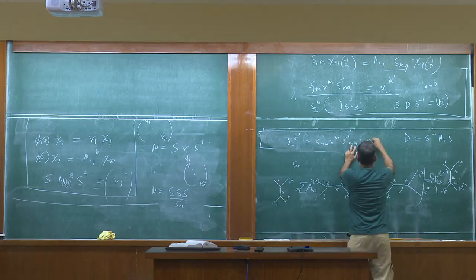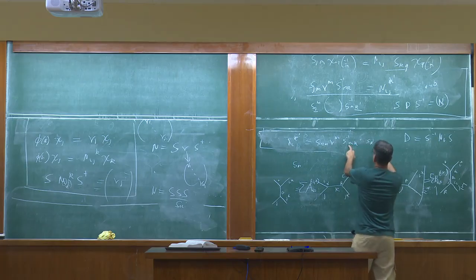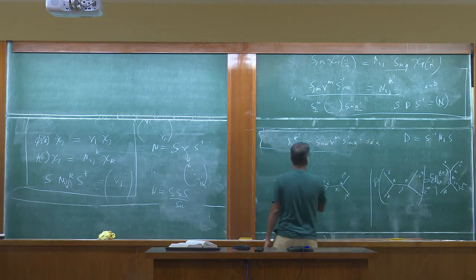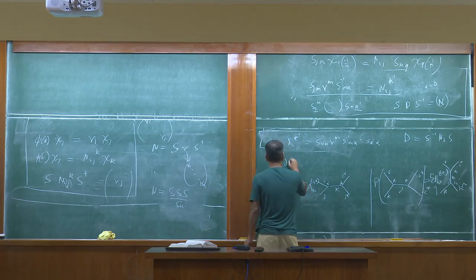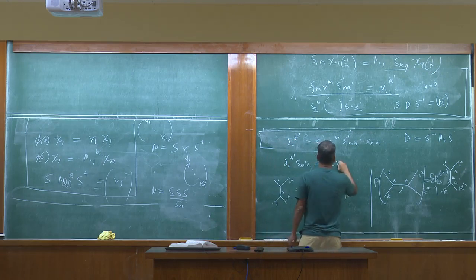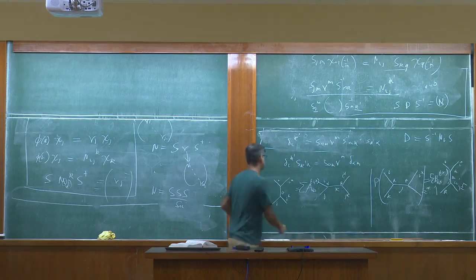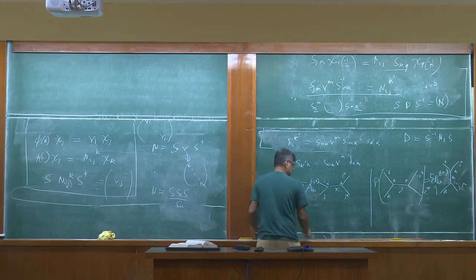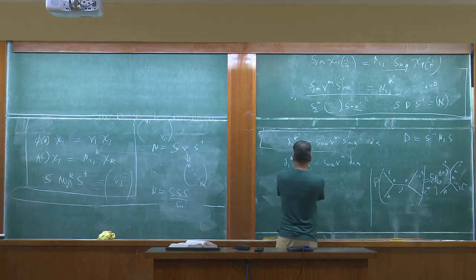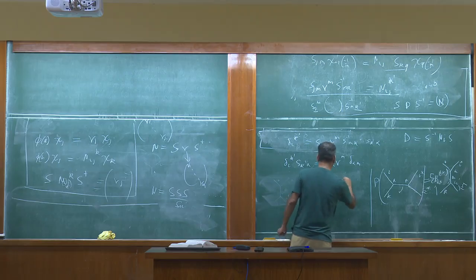I multiply by S k prime alpha, and then I get delta alpha m. So I get delta I k prime S k prime alpha equal to S 0 m gamma m delta alpha m. And so this is S I alpha is equal to S 0 alpha gamma alpha.